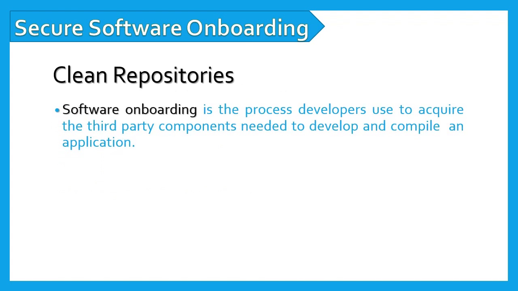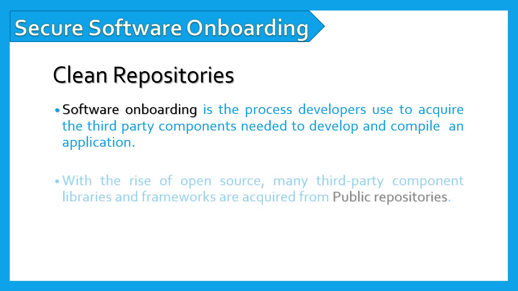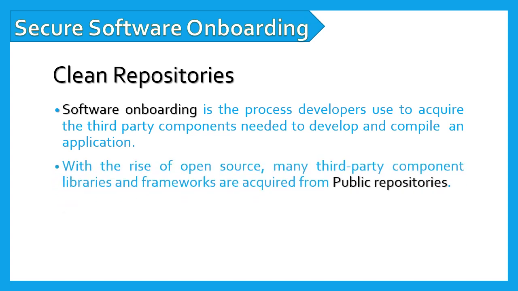Software onboarding is the process developers use to acquire the third-party components needed to develop and compile an application. With the rise of open source, many third-party component libraries and frameworks are acquired from public repositories. In some cases, off-premises repositories are not administrated or maintained by the developers' organization.